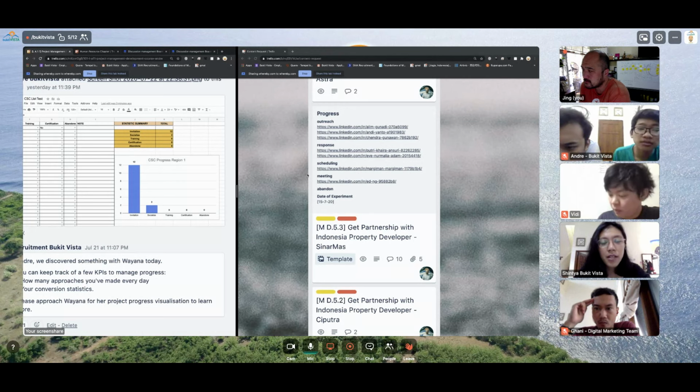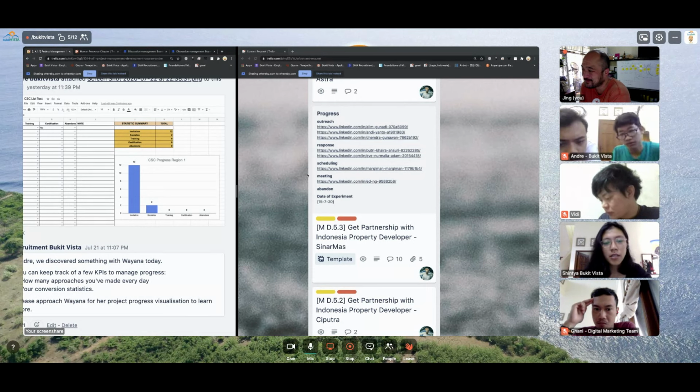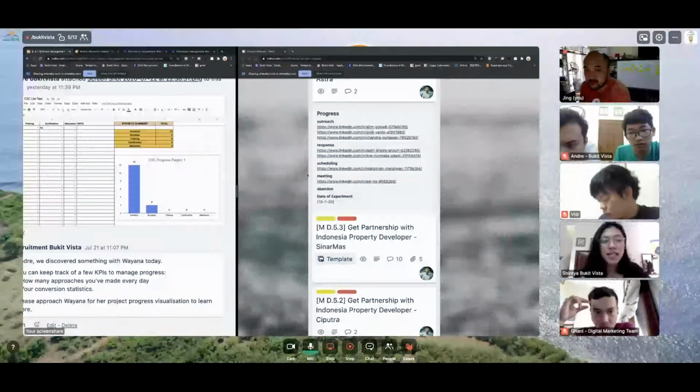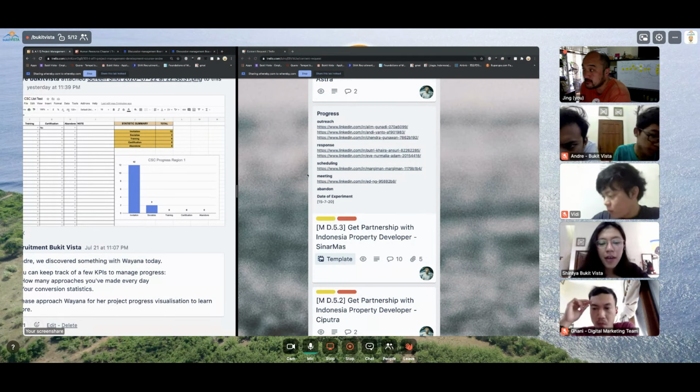But here, I can't compare it apple to apple, since Andre serves data here, and on your side it's just like a card with no exact data. That's the thing that's difficult to compare.